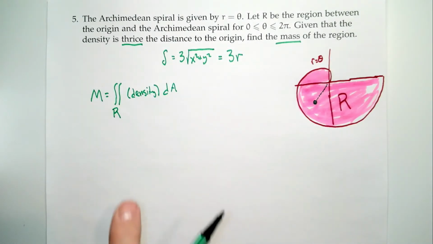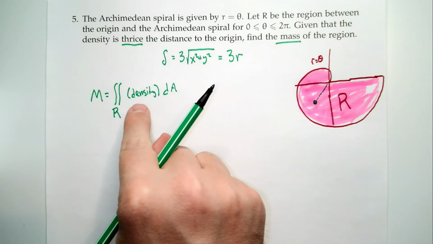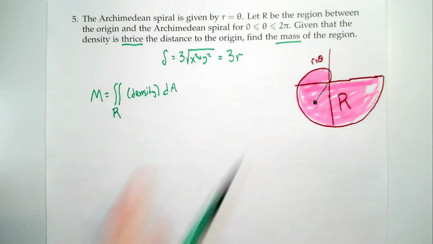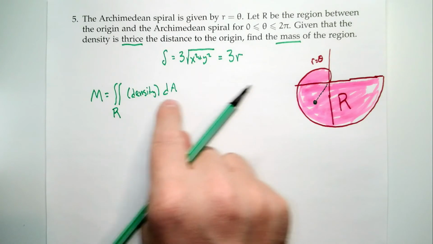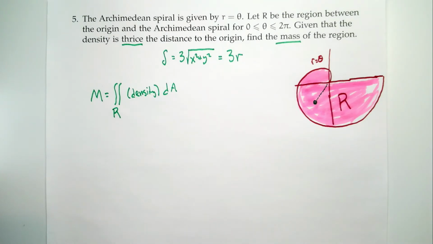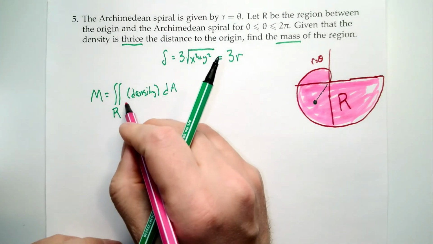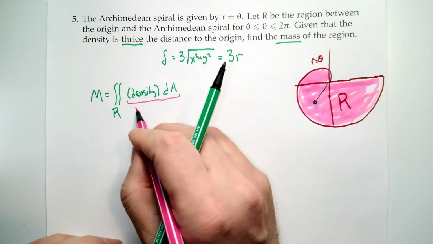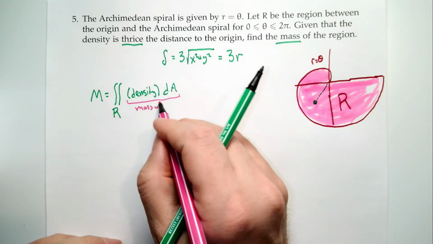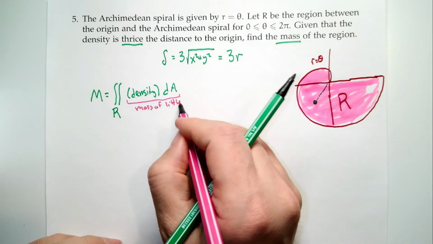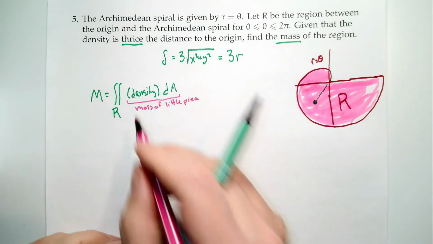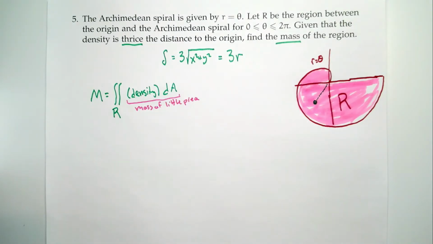The way we think of it is, if I take a little bit of density, multiply it by a little bit of area, that's the mass of a little piece. And now the integral says, let's add all these little things up. So if you add up all the little pieces, then of course what we'll get is the total mass. All right, good. Life is good.